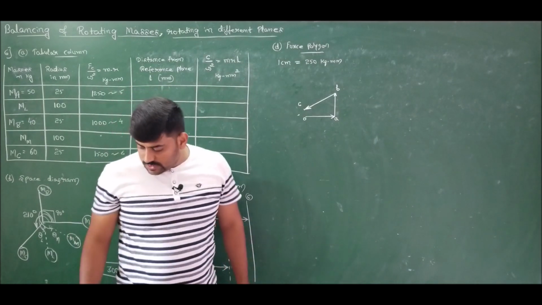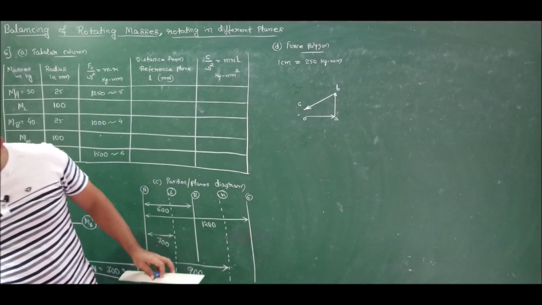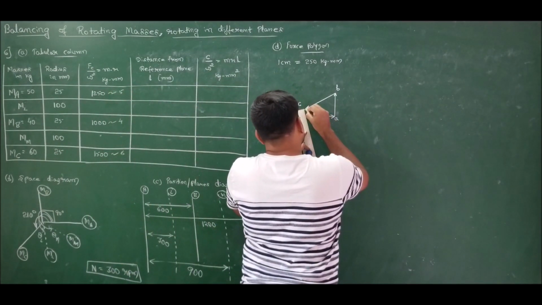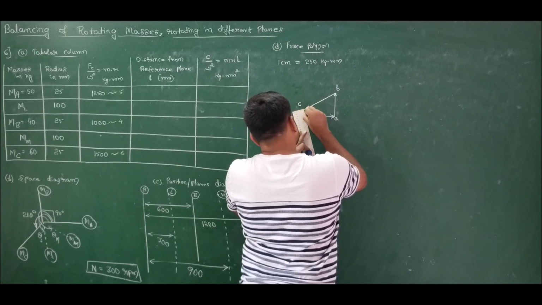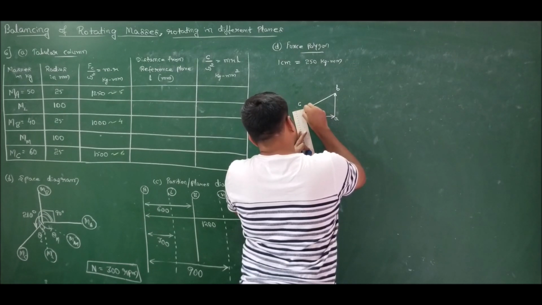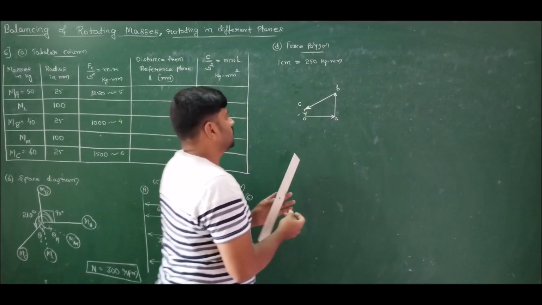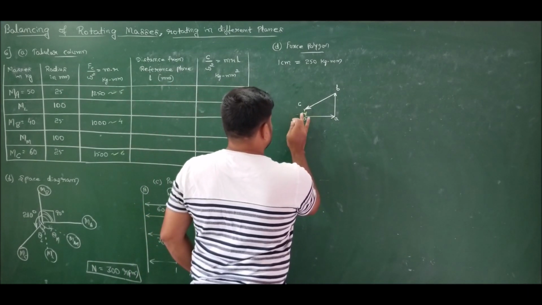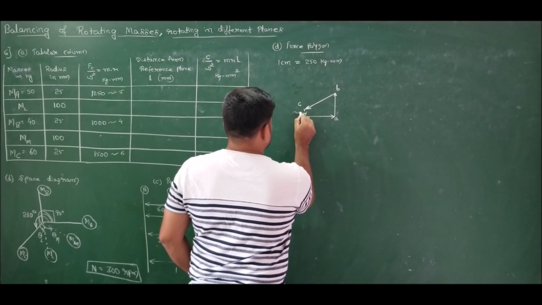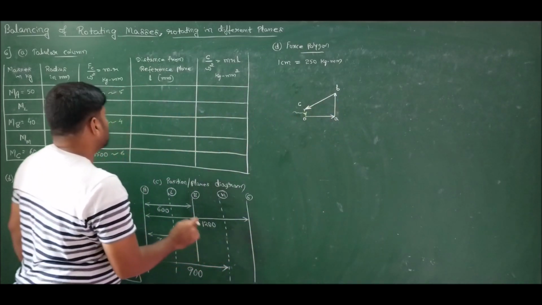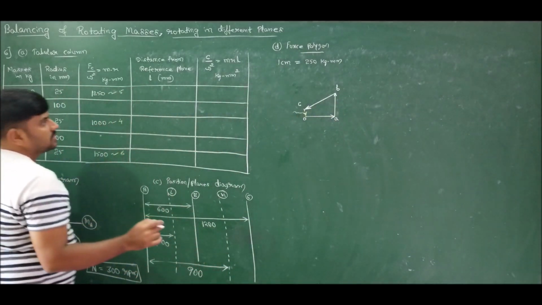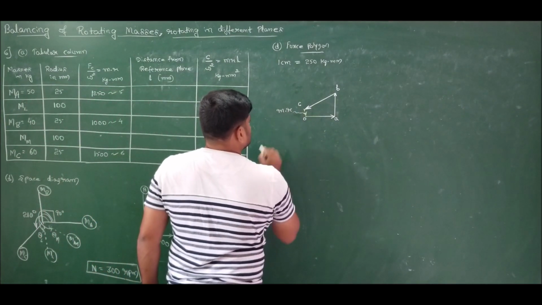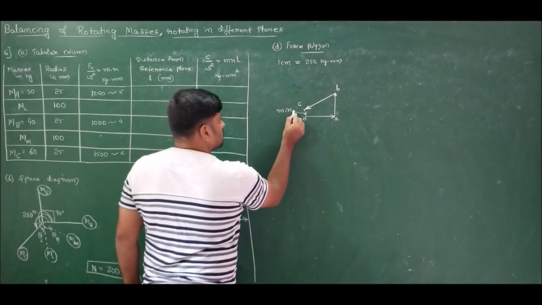The unbalanced force will be, so C to O is the unbalanced force, which is nothing but Mr. So all these are nothing but product of mass into radius. So this is a product of unbalanced mass into radius.